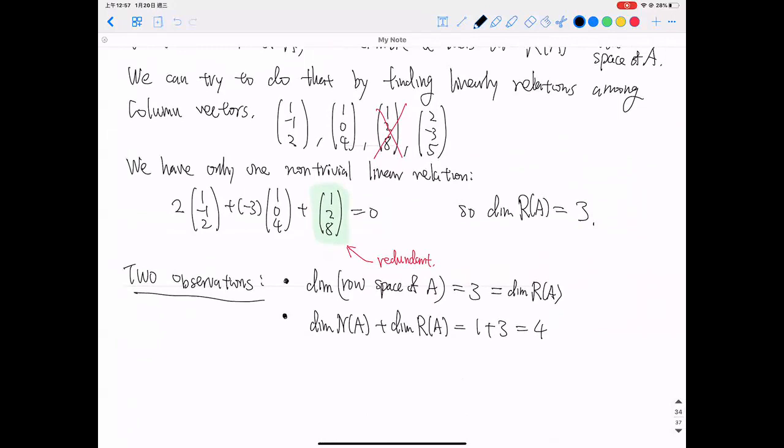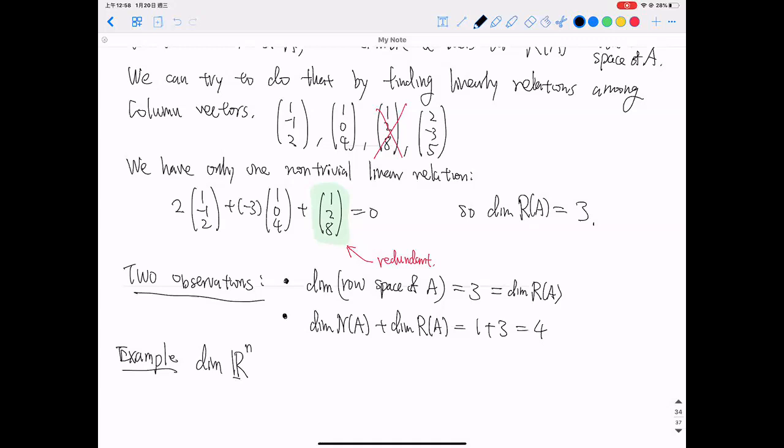There's just one more thing that I want to state before we end today's lecture, is that Rn is a vector subspace, certainly.